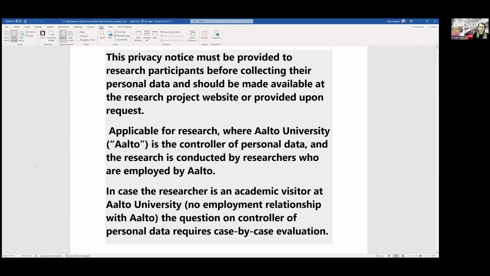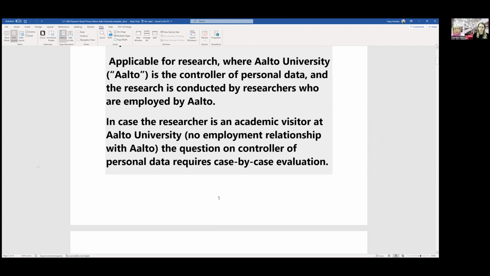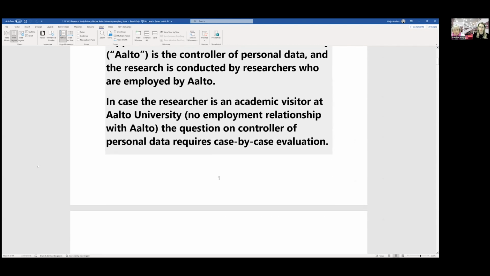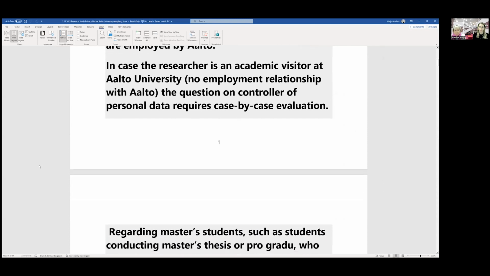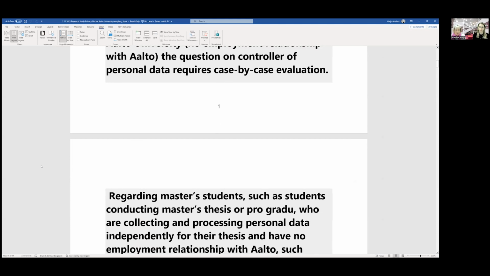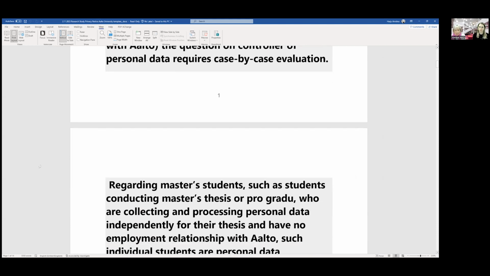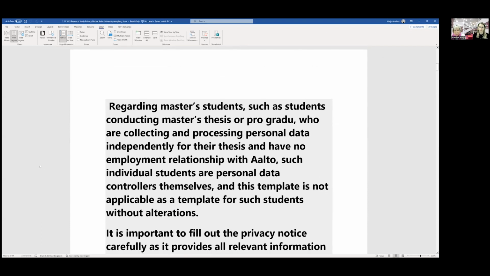This notice is applicable for research where Aalto University is the controller and research is conducted by researchers who are employed at Aalto University. If there are visiting researchers, then it's case by case.